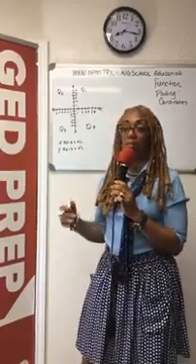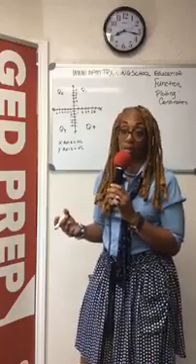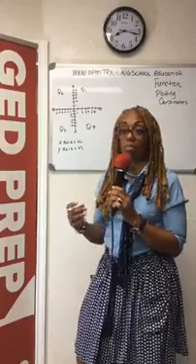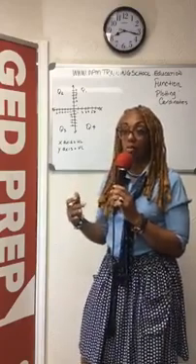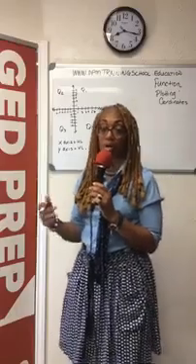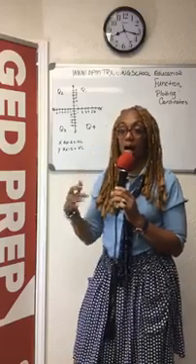Now, if you were in math, and some of you may not be preparing for GED, but maybe the SAT or ACT test, remember this: your horizontal line is always the first letter of the alphabet, and your vertical line is the second letter.